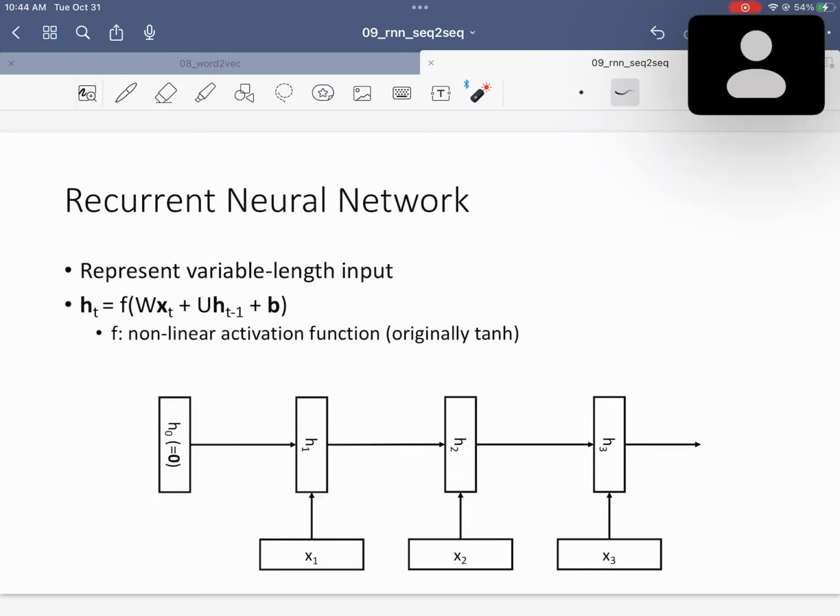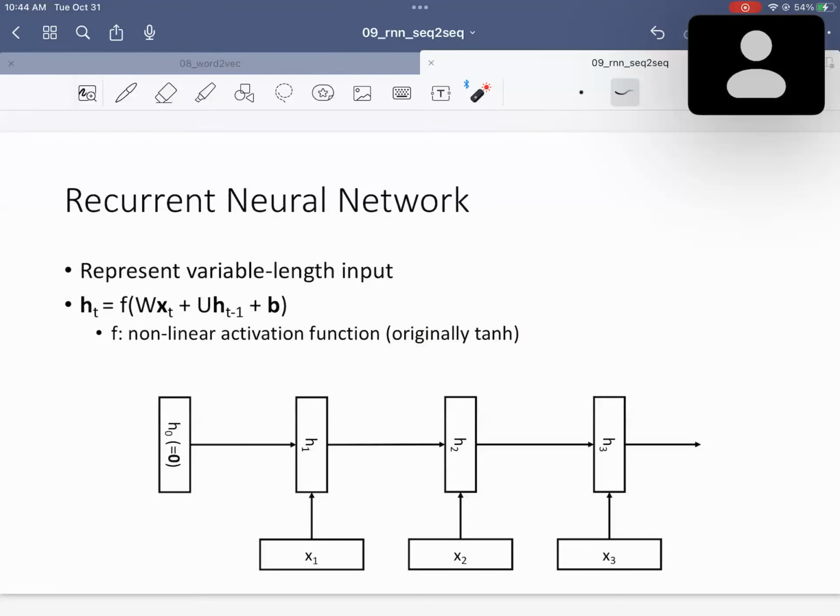You just want to accept input at each time step while updating the previous memory or your hidden vector, and then add them up, and then non-linearly transform it, and that becomes your new memory. Very straightforward. It's just doing this for loop.